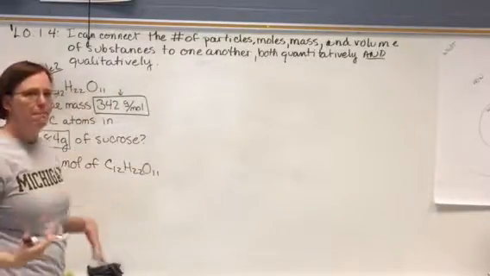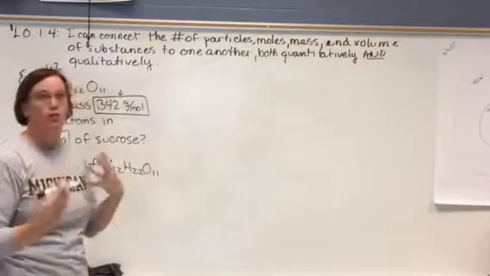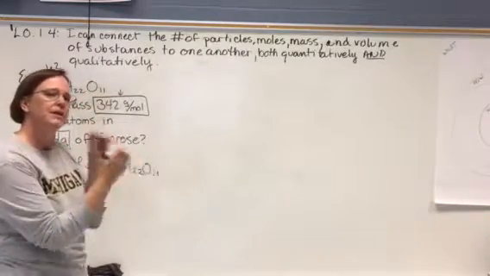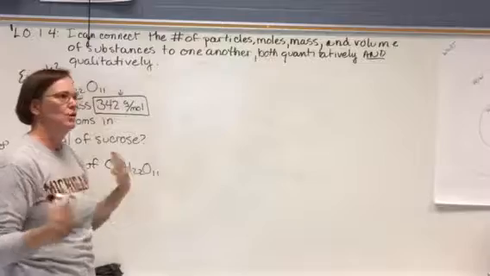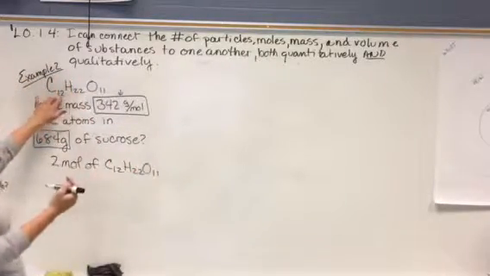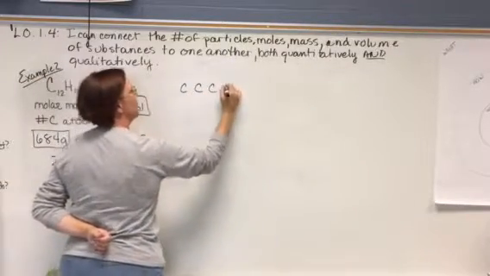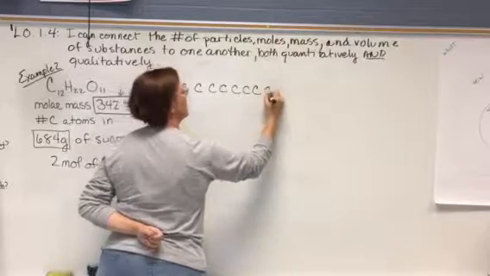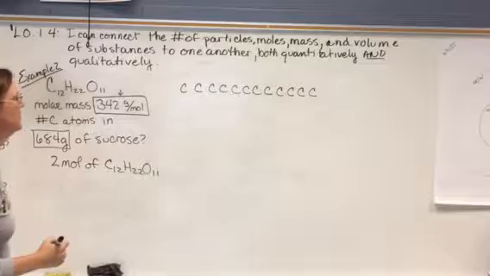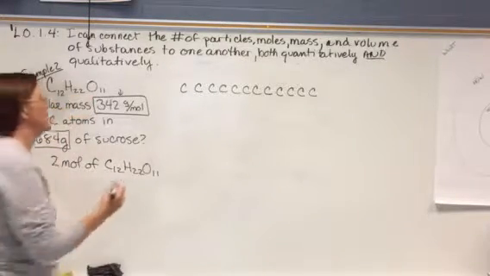So if I draw a model of my sucrose, this is not the molecular structure of sucrose, and it doesn't have to be. All we're doing is making a picture so that we can sort of get our head around what this molecule looks like. And so this has C12H22O11, so I'm going to have 1, 2, 3, 4, 5, 6, 7, 8, 9, 10, 11, 12 carbons in this molecule. I'm going to have 22 hydrogens, and I'm going to have 11 oxygens.